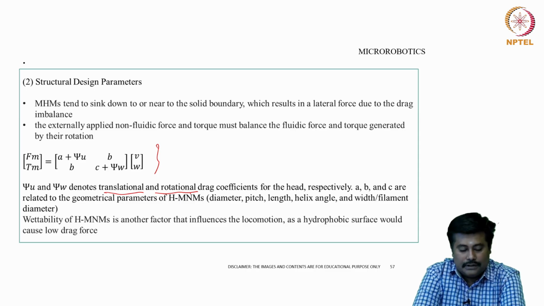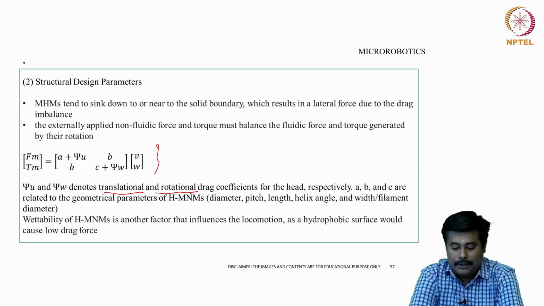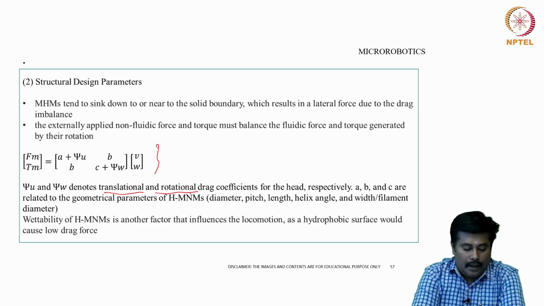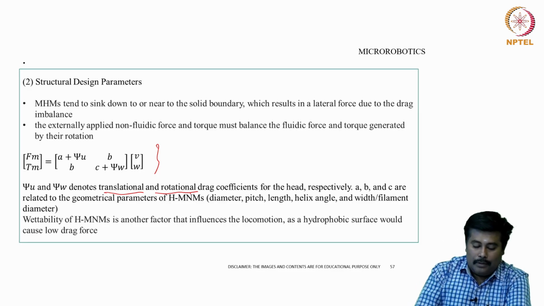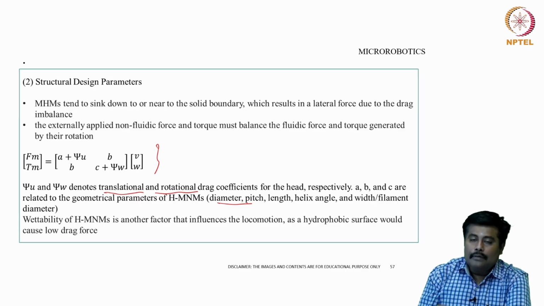The drag coefficients involved in both translation and rotation are taken into consideration for the head, and A, B, C are related to the geometrical parameters, which have a direct impact on the diameter, pitch, length, helical angle and the width of the filament diameter.